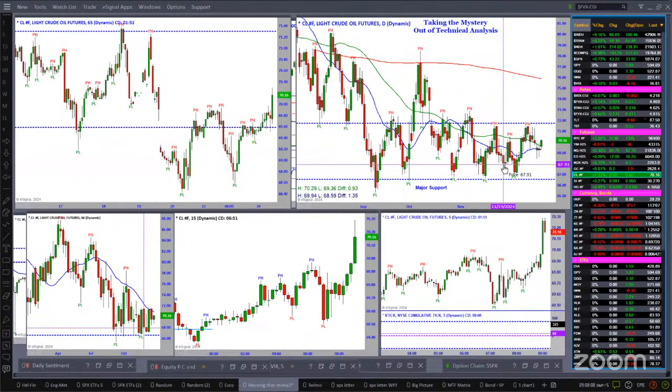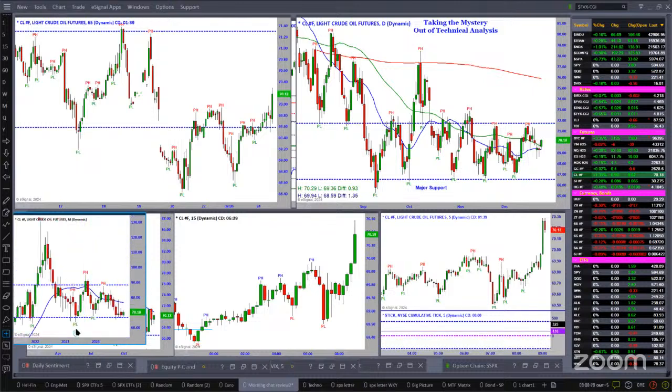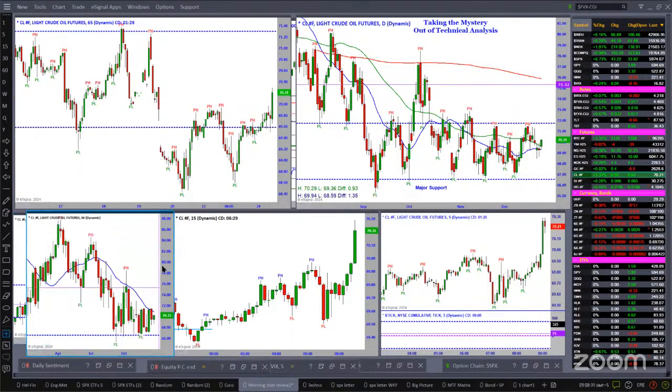Just a big mess on the daily time frame, and even a bigger mess on the weekly time frame. And we'll continue to monitor this major support area as we get into the new year as to whether it should violate this or start working its way up. All right, so there's nothing going on there.